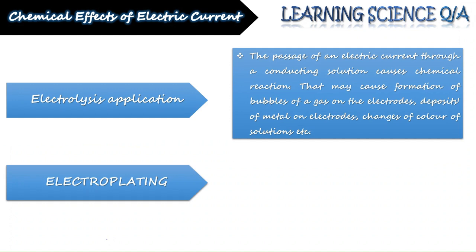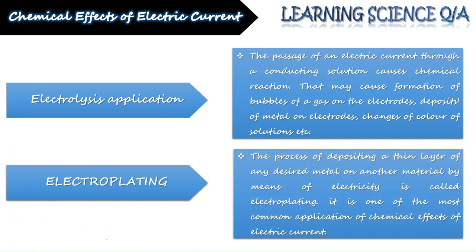Sometimes it also causes metal deposition over the electrode, and many times a change of coloration can also accompany it. That means electrolysis can be confirmed with the help of bubble formation around the electrode, metal deposition over the electrode, or a change of color of the electrolytic solution.